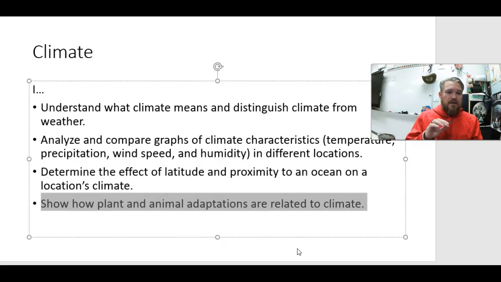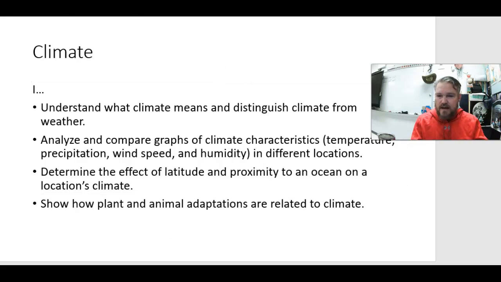So understanding the life zone of aquatic systems relates to the climate, which then relates to the organisms that live there. For example, you might have very similar aquatic systems in very different climates, and we would then expect to see very different organisms that inhabit those environments.